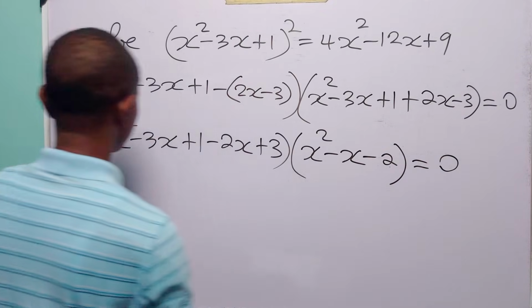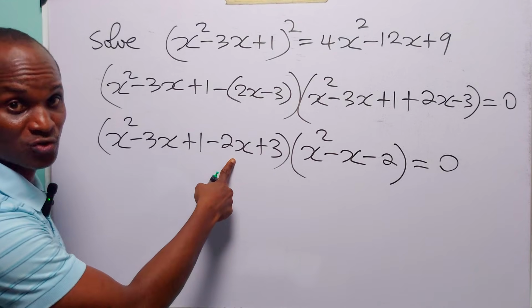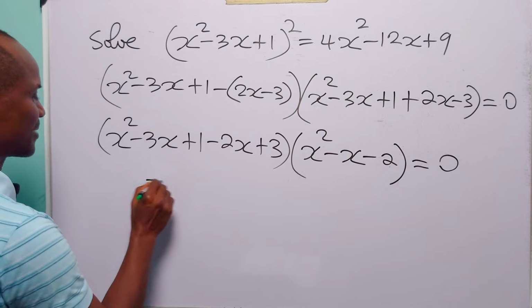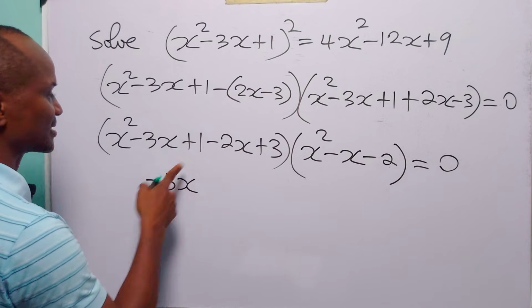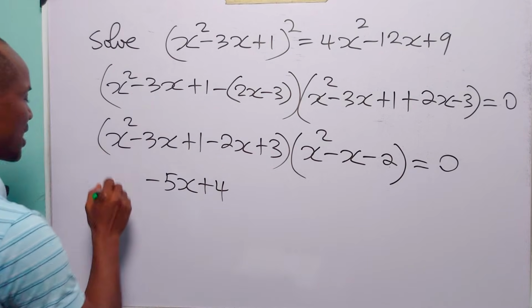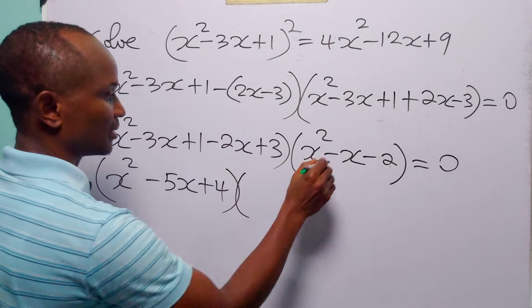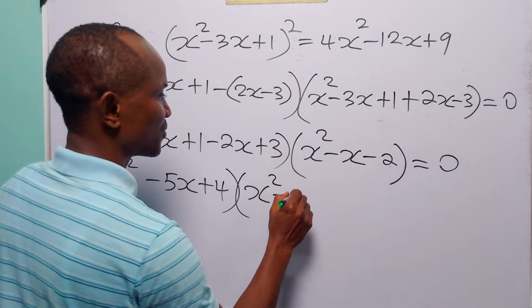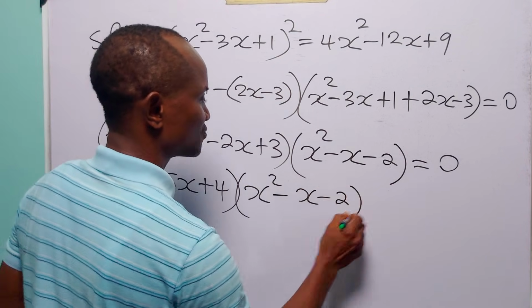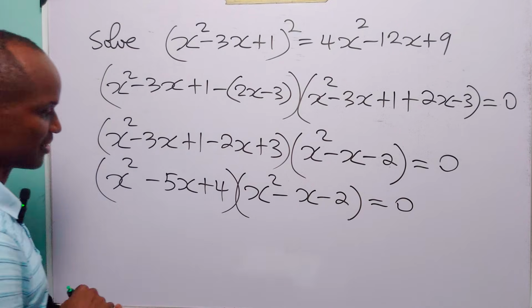This is equal to 0. Here, minus 3x minus 2x is going to give us minus 5x. 1 plus 3 is going to give us plus 4. And of course, we still have x squared. This is x squared minus x minus 2. And the product of these two is 0.